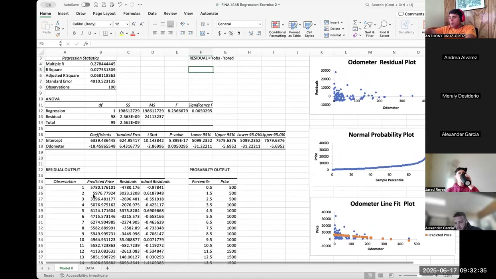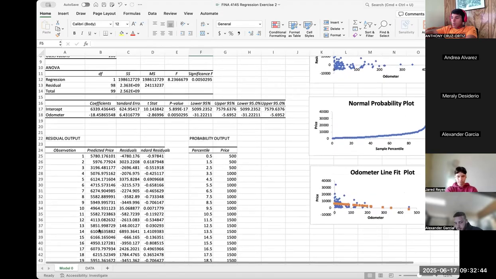So these are actually the residuals here. It calculates all the residuals for every observation for you.